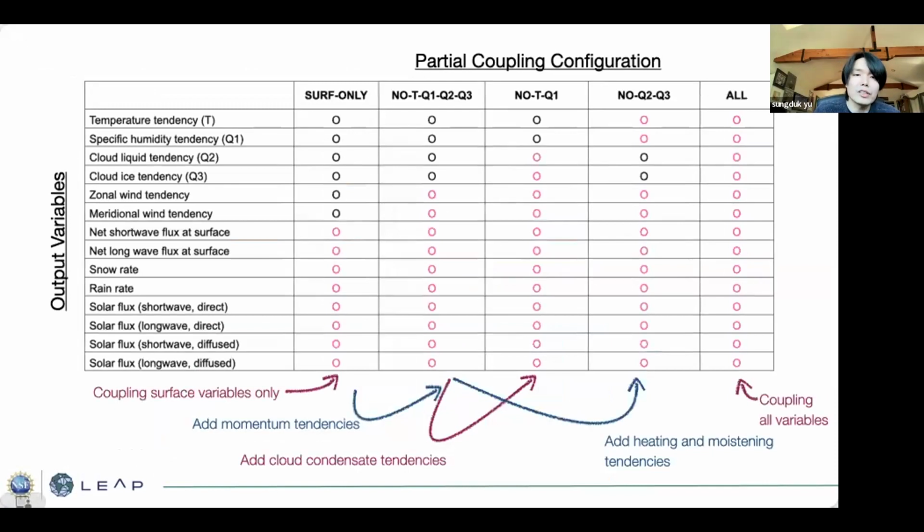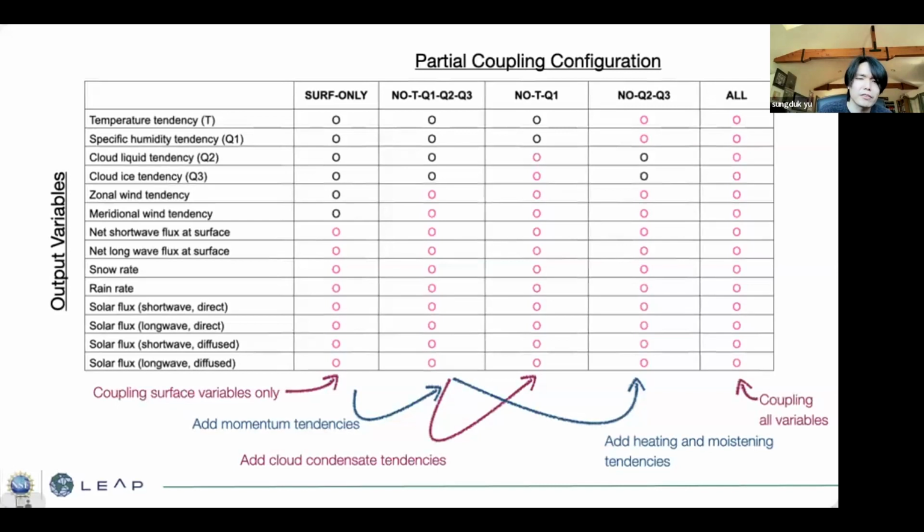Using this partial coupling scheme, I tested multiple partial coupling configurations. A black circle means the variable is from the original MMF subroutine, and a magenta circle means the variable is from the emulator. Generally speaking, as you move from left to right, more emulator variables are used.